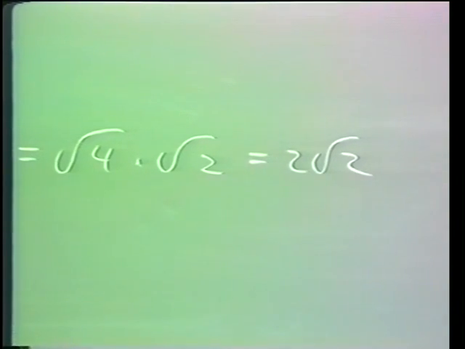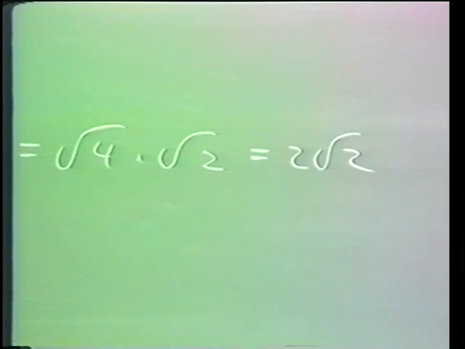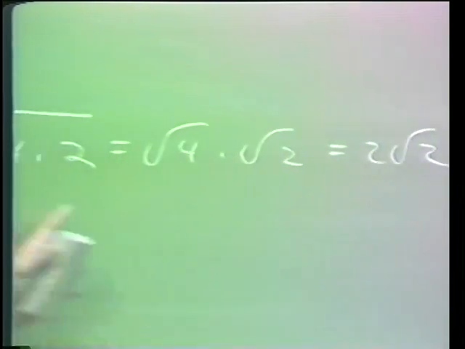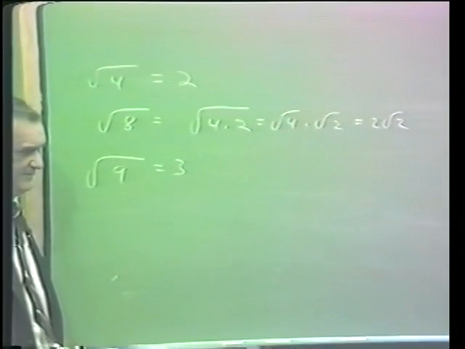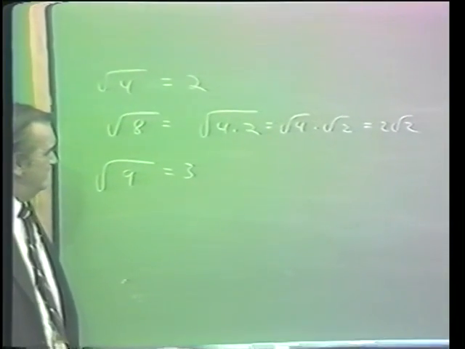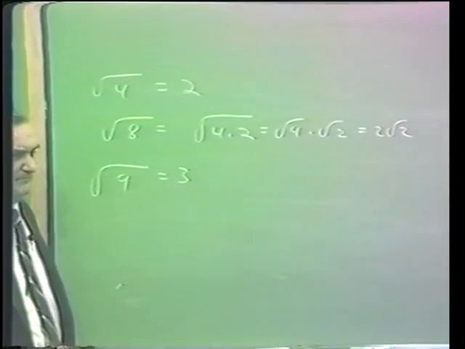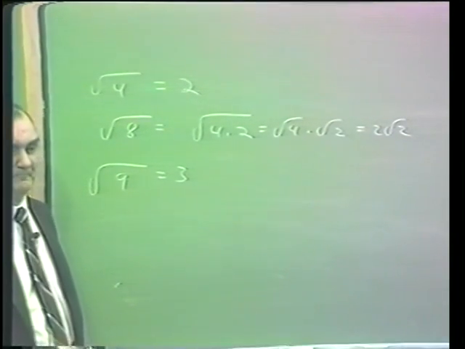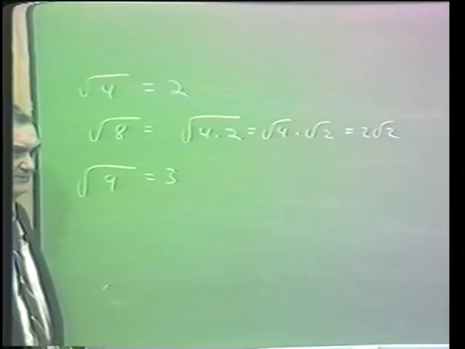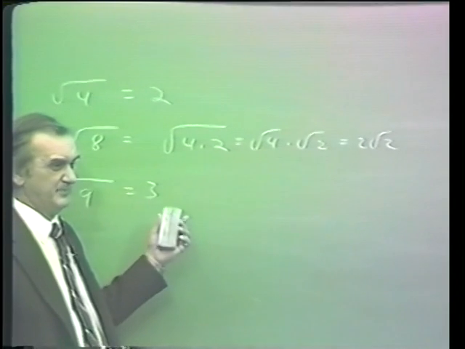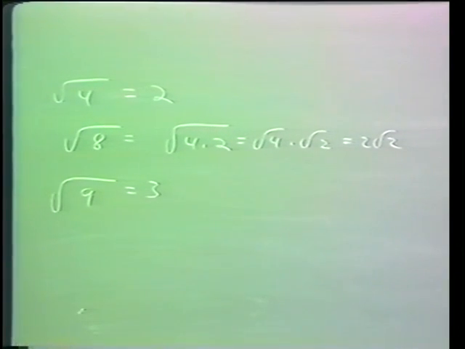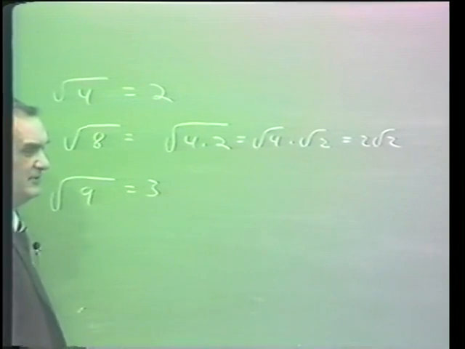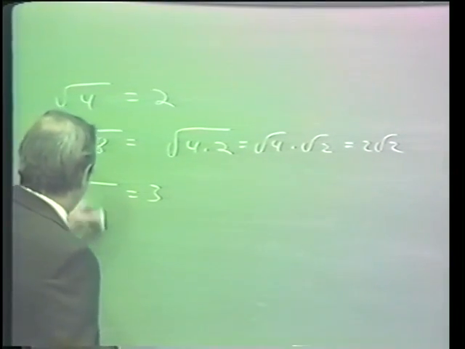Now, you see what you have to do then. These are equivalent statements. This is in simplified form, 2 square roots of 2. So by Tony's method, we have to look for perfect roots, perfect squares, perfect cubes. We have another method, an alternative method, that I think you'll find a little easier in the long run.